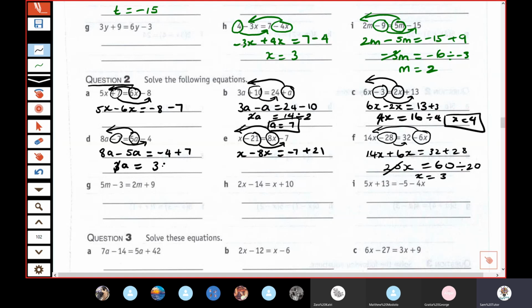Again, divide them both by 3. You get the answer a equals 1. Next one, what's 1x take away 8x? That's minus 7x. Minus 7 plus 21 is positive 14. Divide them both by negative 7. x equals negative 2.